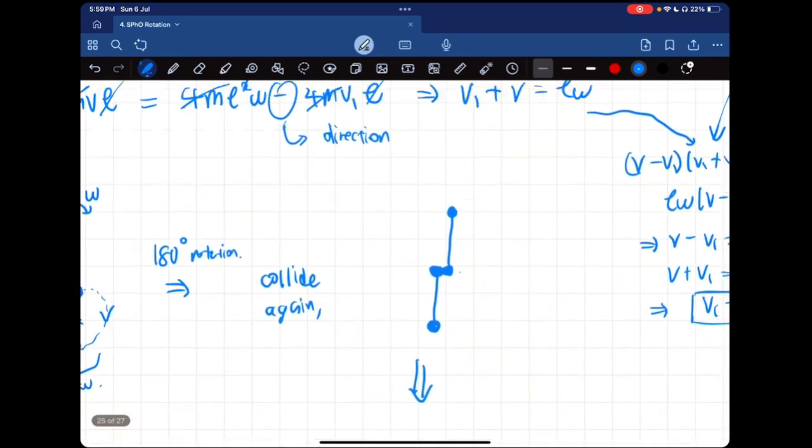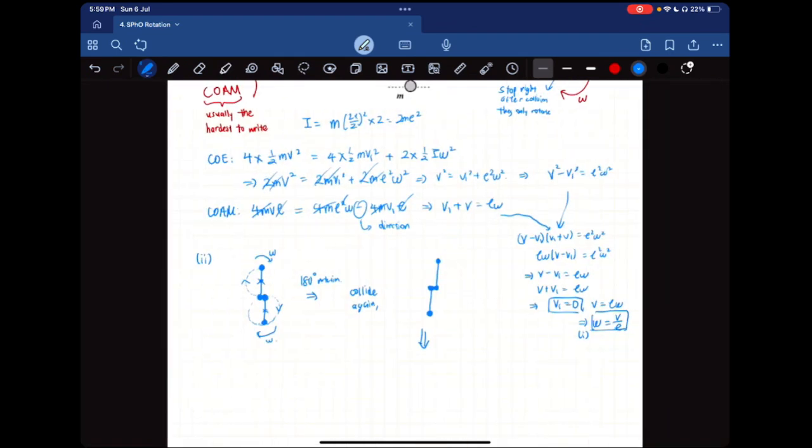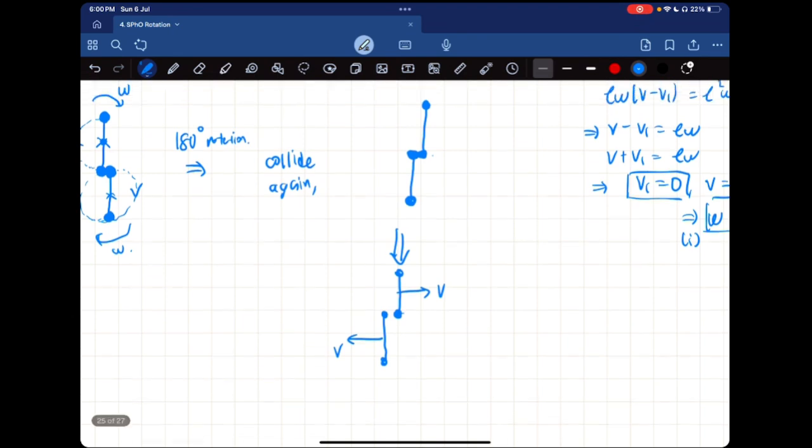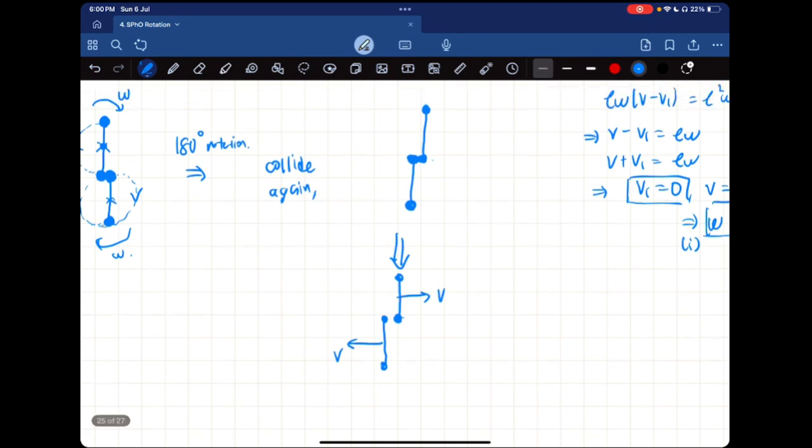And actually, you already solved the problem just now, right? Because the reverse situation happens. So what happens to the system is the rods just move like that, away from each other again. And this is what happens to the system after the first collision. Once they move away, they will never meet again because they're moving in opposite directions.